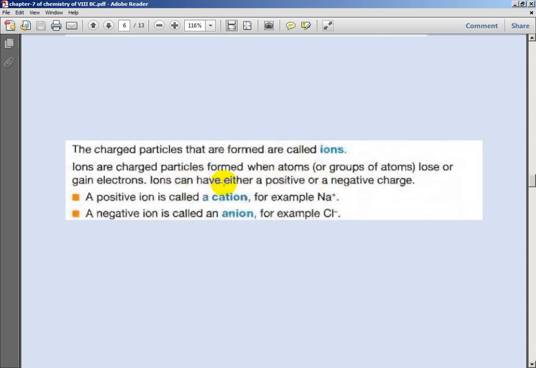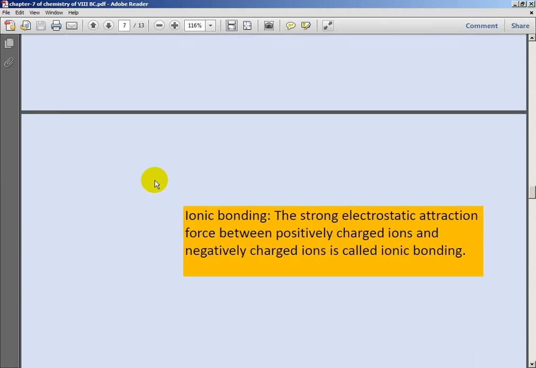Okay, what is ionic bonding? The strong electrostatic attraction force between positively charged ions and negatively charged ions is called ionic bonding.